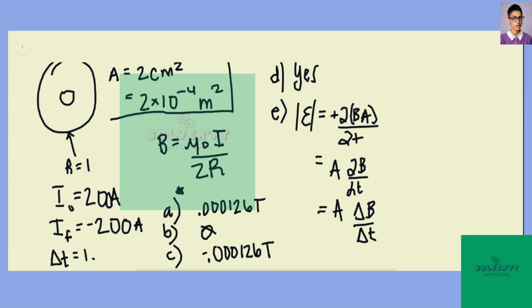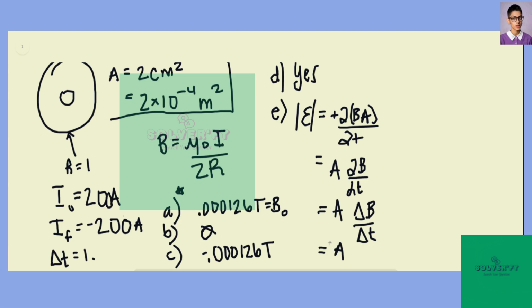Let me double check how this change has affected my number. I don't remember if I actually put in the right one. Oh, I did originally put in 200 when I had my calculations. Okay, wonderful. So I think all my numbers should be right. Okay, back to the problem.